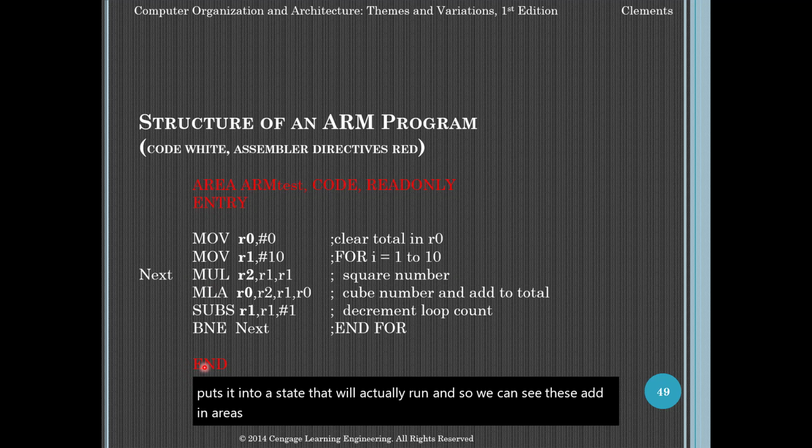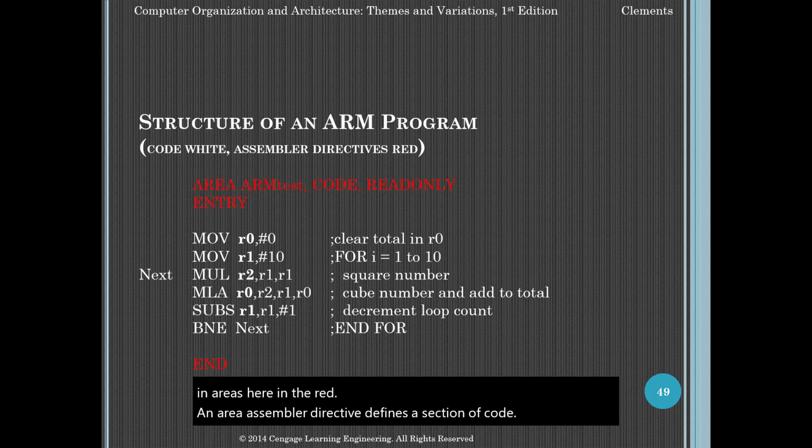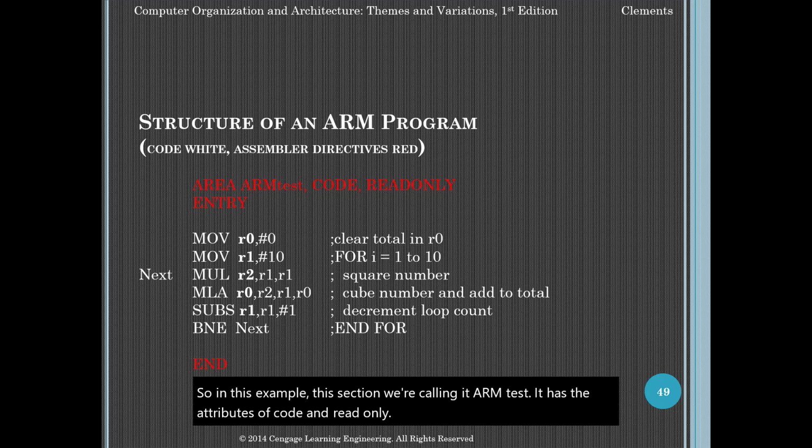An AREA assembler directive defines a section of code. In this example, we're calling this section ARMtest. It has the attributes of code and read-only. The assembler directive ENTRY tells the assembler where to find the first instruction to be executed. And then we have to put an END, which is the mandatory assembler directive that tells the assembler that this is the end of the program. It's done. There are no more instructions.